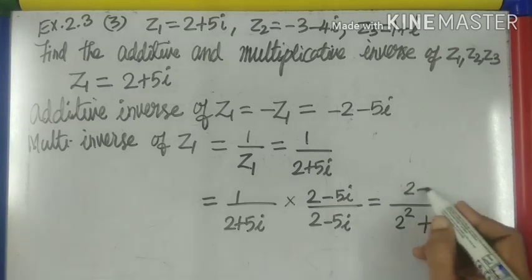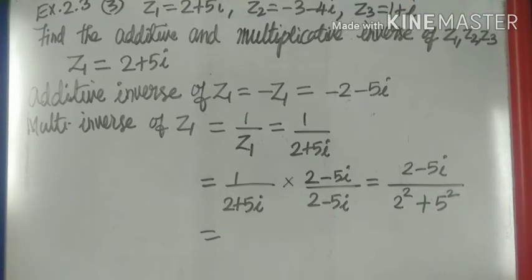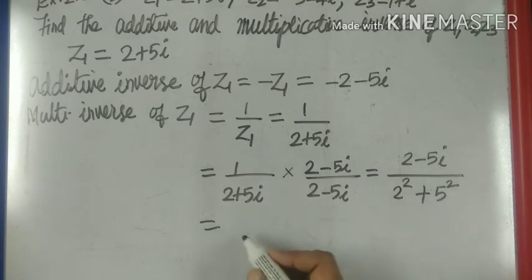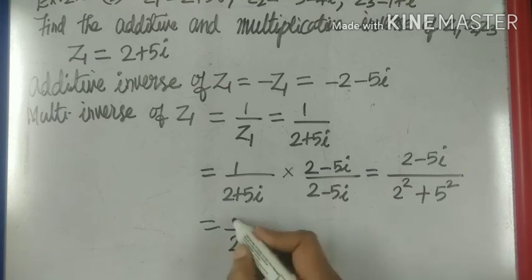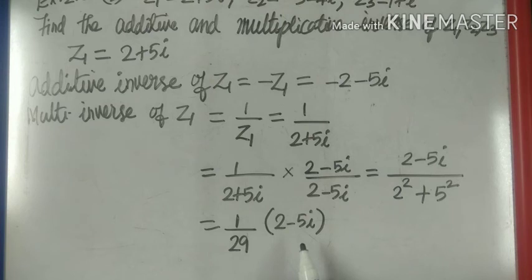And the numerator is 2 minus 5i. Simplifying this answer, 5 square is 25 plus 4 is 29. So we get 29. So let me put it as 1 by 29 and I have 2 minus 5i. So this is the multiplicative inverse of Z1.